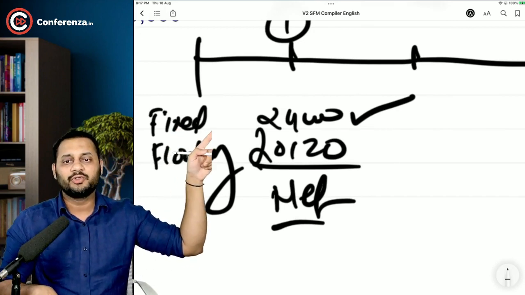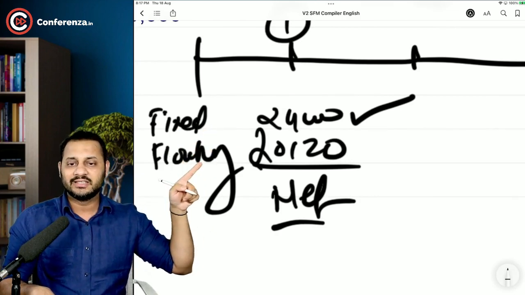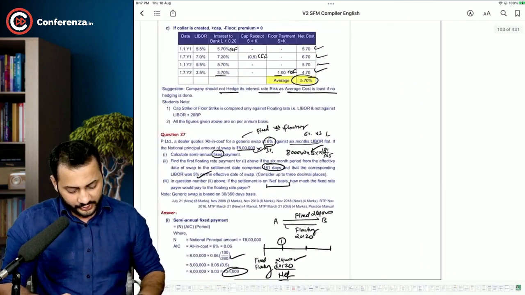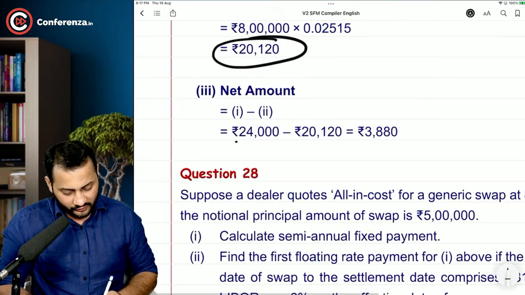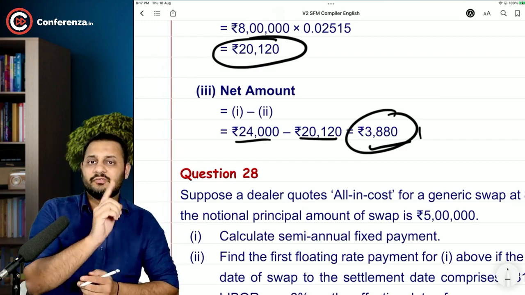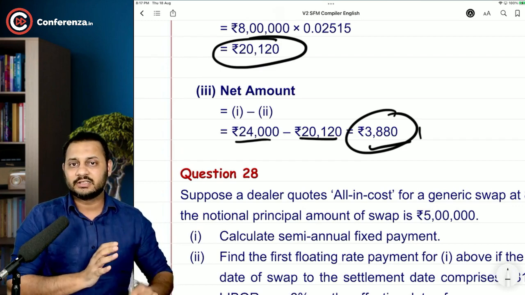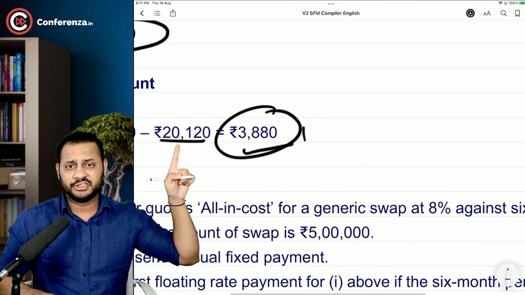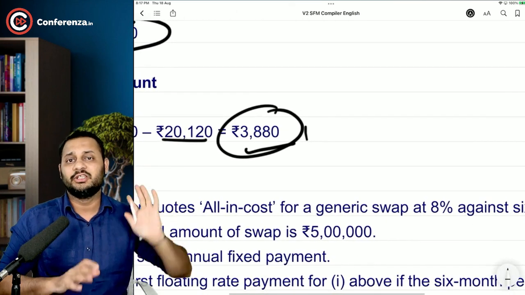So whosoever is going to pay the fixed amount, he will receive less but pay more. So that's why he is going to be the net payer. 24,000 minus 20,120. That is going to be the settlement amount for the first 6 months. On the next 6 months, the fixed amount will remain the same, but the LIBOR will change and accordingly the floating rate payment will change.